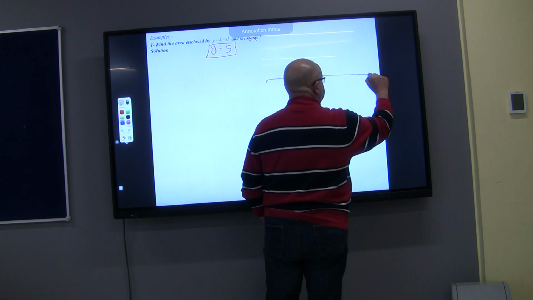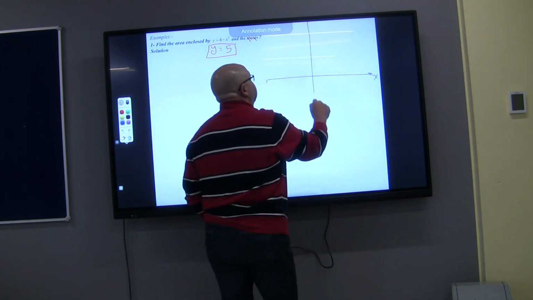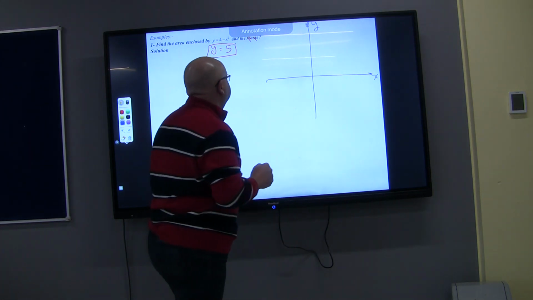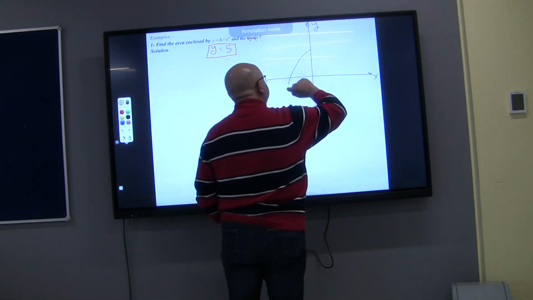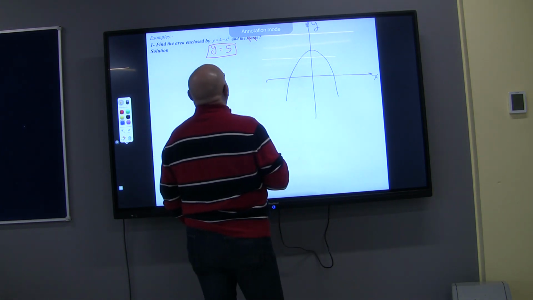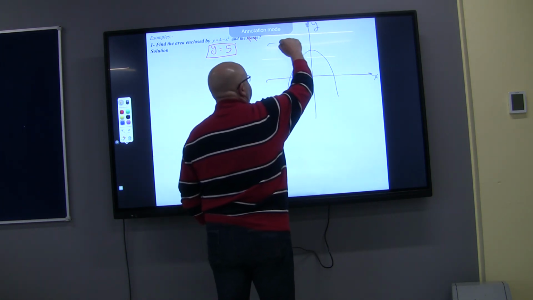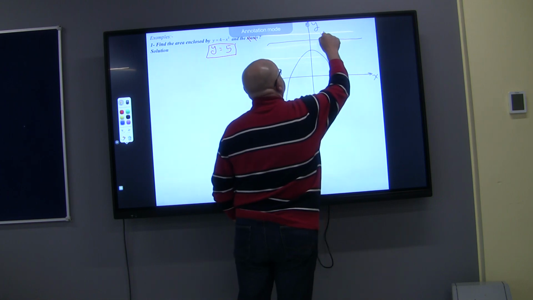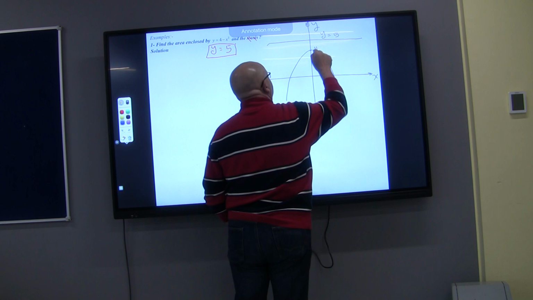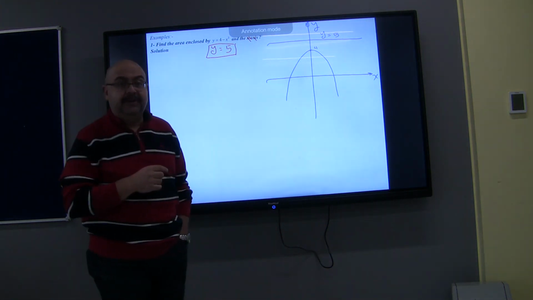Also in a similar manner, this is the x-axis and that's the y-axis. Y equal 4 minus x squared. We already did this before, so this is the area that we are talking about. And for y equal 5, this is y equal 5. And let's say this is the point of the curve that we already evaluated previously.